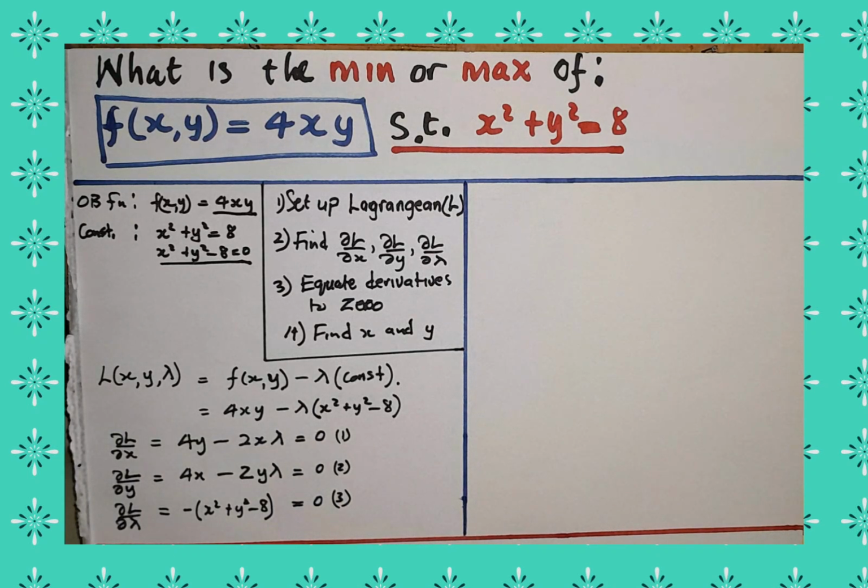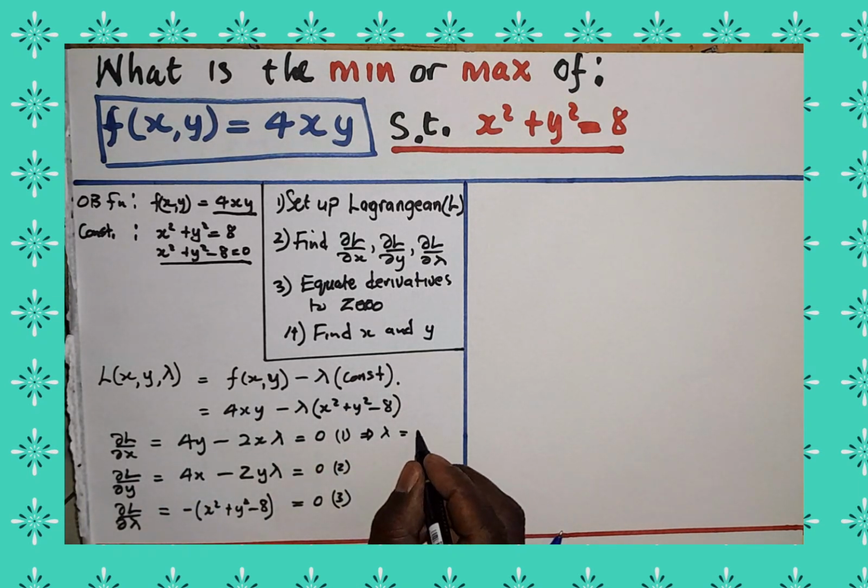Now, if you look at equation number 1, it says that 4y minus 2x lambda is equal to 0. So it follows that when I take the 2x lambda to the other side, then divide by 2x to leave lambda on its own, I will remain with lambda equal to 2y over x.